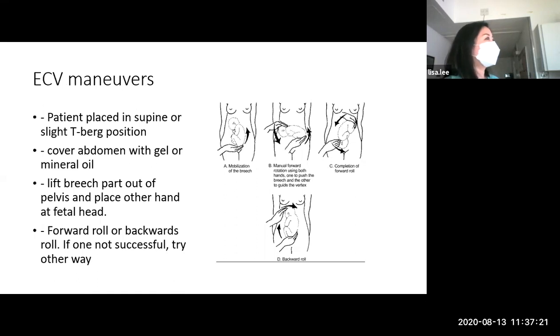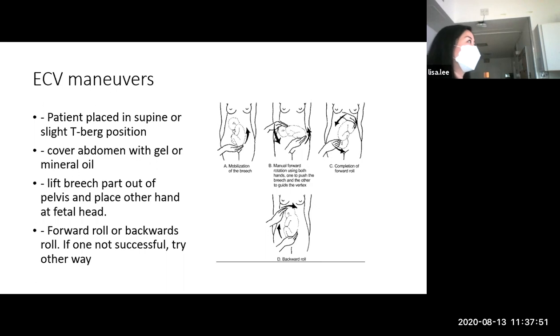Okay, so the maneuvers, let's see. It's all written on here, but Mia, how do you perform your versions? With prayer. And generally what I try to do is to elevate the bottom out of the pelvis. Okay, elevate the bottom out of the pelvis.